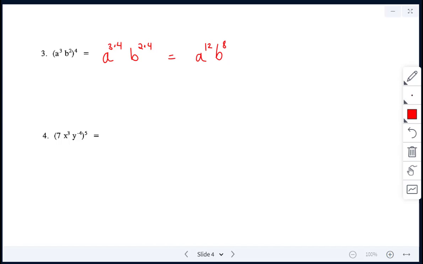All right, so for this next example, again, remember that this exponent of 5 will apply to everything inside the bracket. So this 7 basically has an exponent of 1.